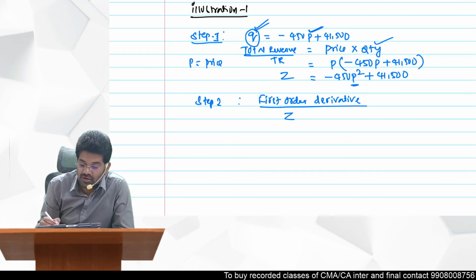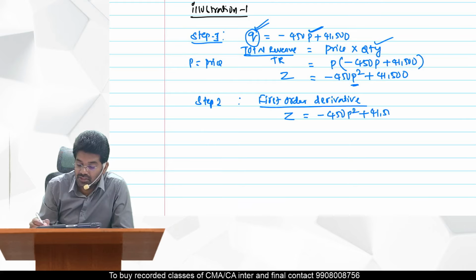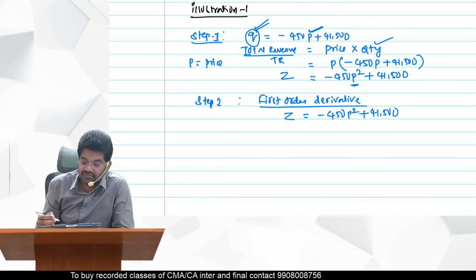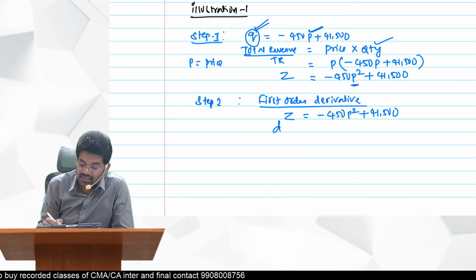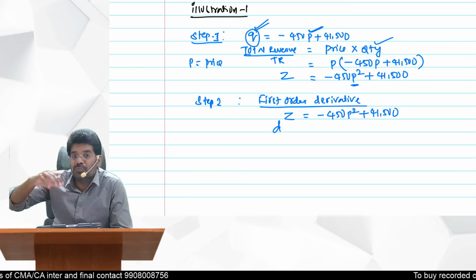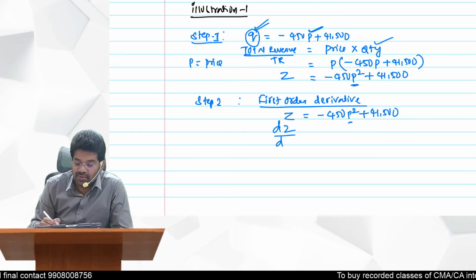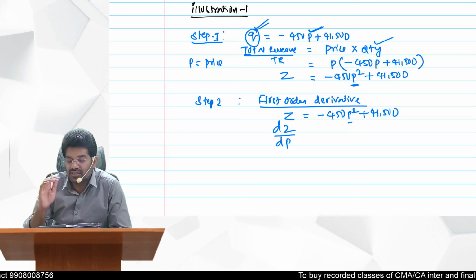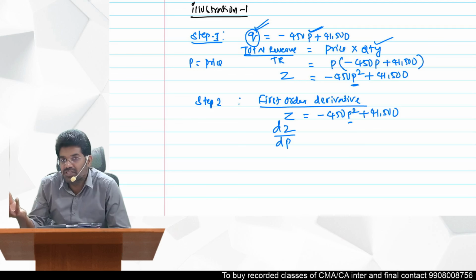Z is equal to, name doesn't matter, 450 by 41,500. We are going to differentiate this function z with respect to p now, because p is the variable now. So dz by dp, don't say x. When the input is x, then differentiate with respect to x, but the input is p now here.